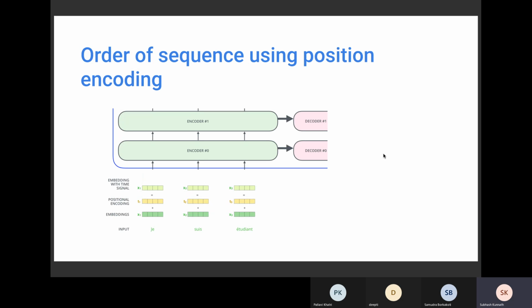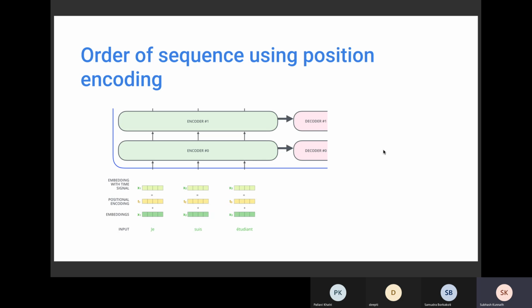Now one more thing which was missing is position encoding, which the RNN had. In an RNN, because you are feeding one word after the other, some information about the sequence ordering is captured.